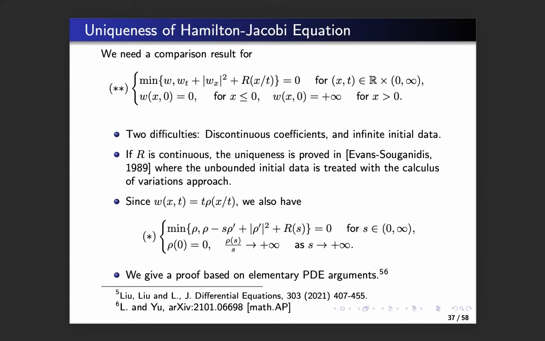Actually, this framework is carried out especially for the Fisher-KPP equation in Evans-Souganidis. If R is continuous, then they treated initial data by using the representation formula I showed before. Here, we're going to leverage the observation that you can write it in one variable, and then we'll give a proof. It's an elementary PDE argument. The proof is contained in these two works.